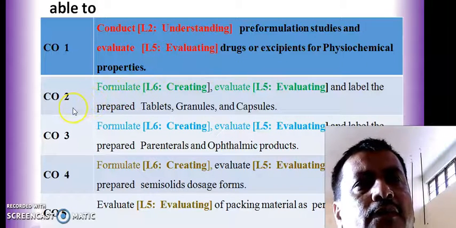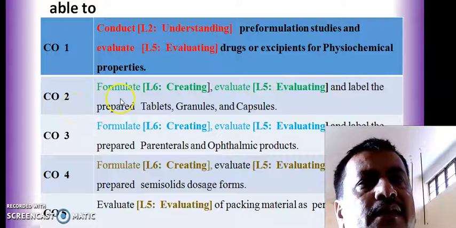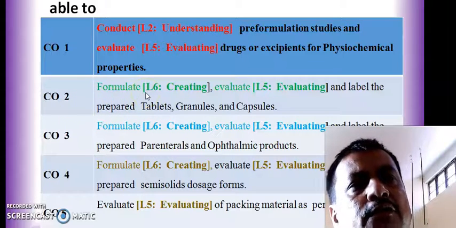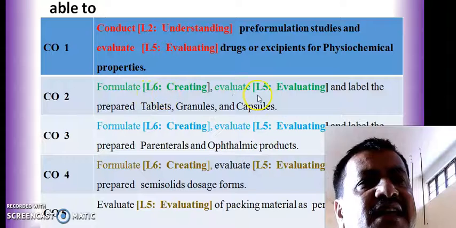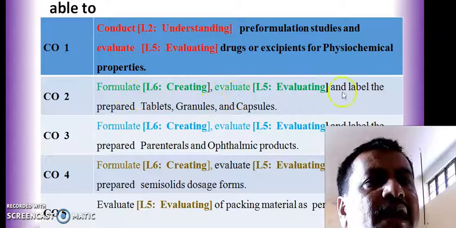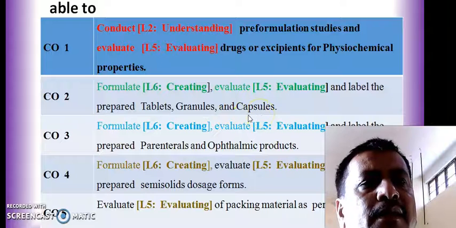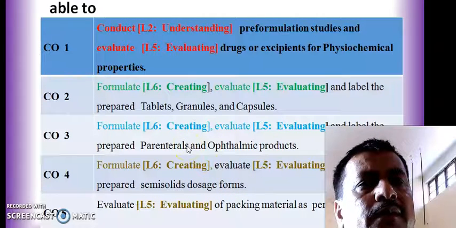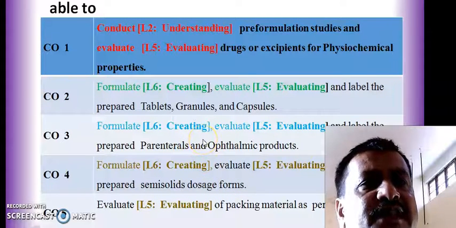Then we have course outcome 2, in which we have two levels of Bloom's taxonomy, that is L6 and L5, creating and evaluating, in which the course outcome states formulate, evaluate and label the prepared tablets, granules and capsules. In the same way, course outcomes 3 and 4 have been prepared for parenteral and ophthalmic products and for semi-solid dosage forms, in which we have level 6 and level 5 from Bloom's taxonomy.